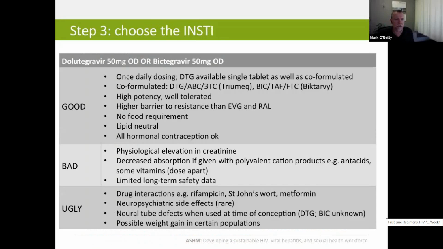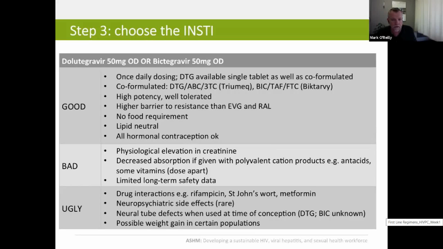So then if you're choosing an integrase inhibitor, so that anchor or third drug, then we've got a few to choose from. There are 4, in fact, integrase inhibitors. So this slide compares dolutegravir, 50 milligrams once a day, or bictegravir, 50 milligrams once a day. They're very similar drugs. They're once a day. Dolutegravir is available as a single pill as well as co-formulated.